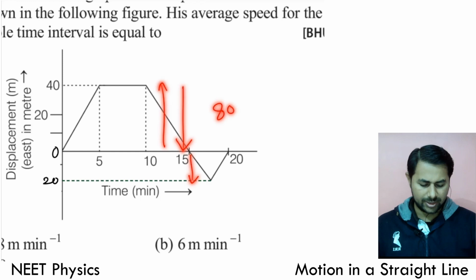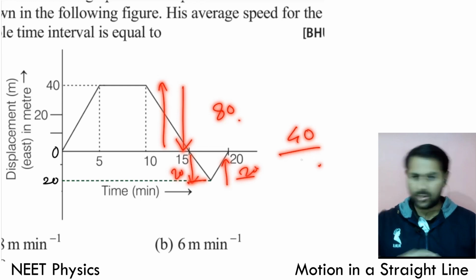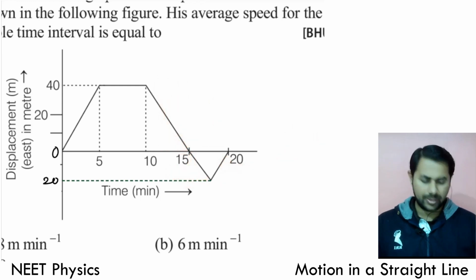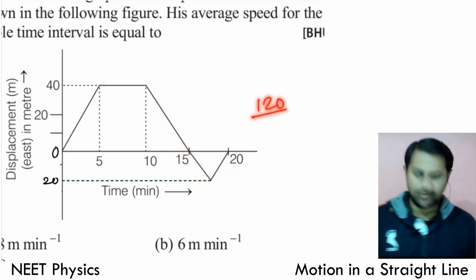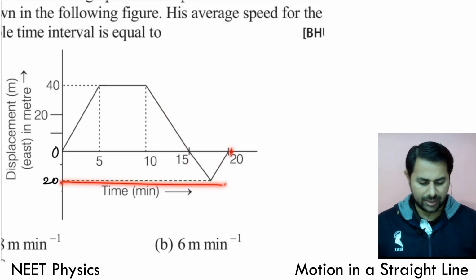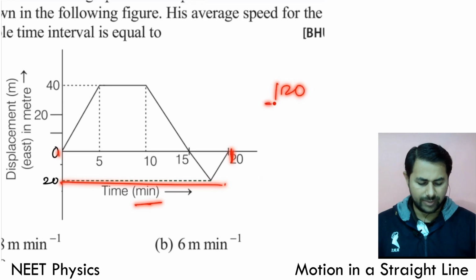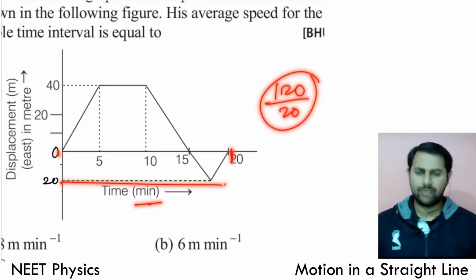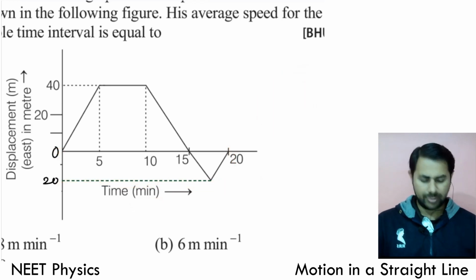80 plus this is 20 plus 20, so that means 40. So 80 plus 40, the total distance covered is 120, and total time taken is from 0 to 20 minutes. So 120 divided by 20 will be 6 meters per minute.